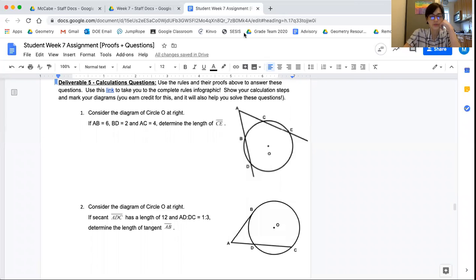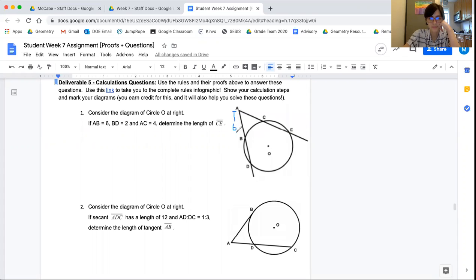All right, so once you have that drawn out, what we're going to do is read the question and annotate the diagram. It says, consider the diagram of circle O at right. Remember, circles are named by their center point. If AB equals 6, here's AB, so I'm going to mark that as 6.